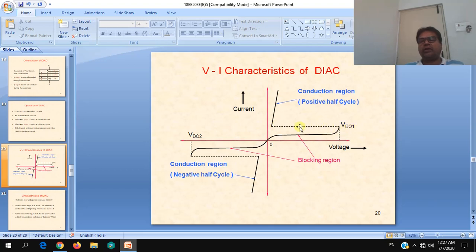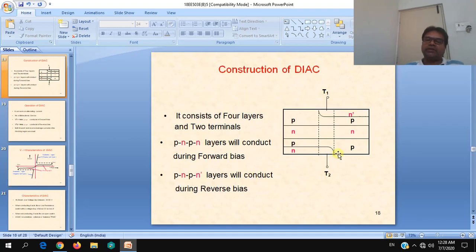A large fall in voltage drop occurs, with very small voltage drop across the diac. The total voltage will be fed to the load, and current increases rapidly, and it enters the conduction region for the positive half cycle in forward bias, and similarly the negative half cycle conduction region happens in the same way, like reverse biased.